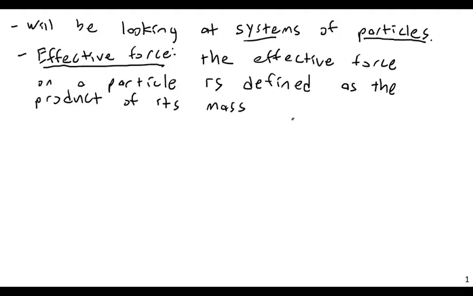So regardless of the actual forces on the individual particles, for a system of particles I'm saying that the effective force is whatever the mass and acceleration of the center of mass of that particle system is. Mass times acceleration will be the effective force on that system of particles.